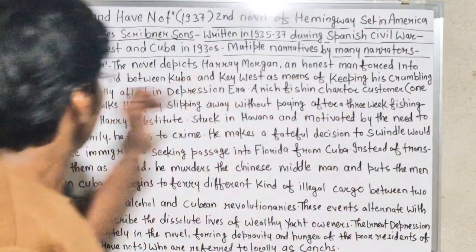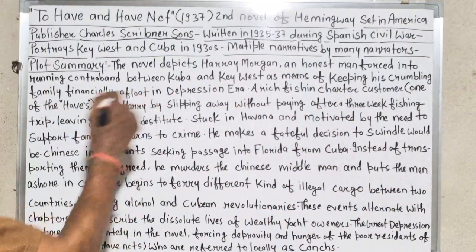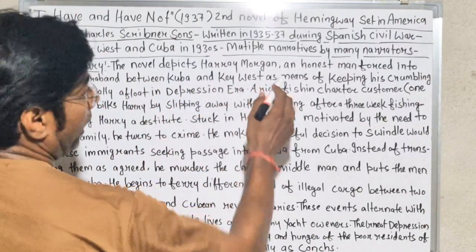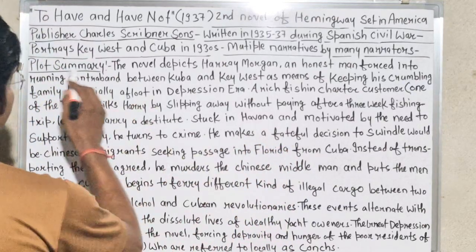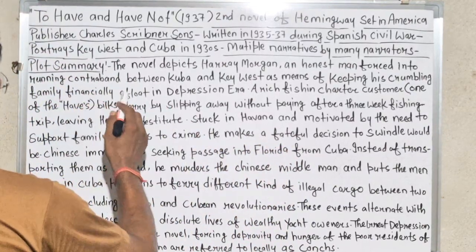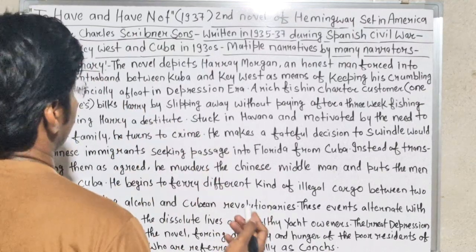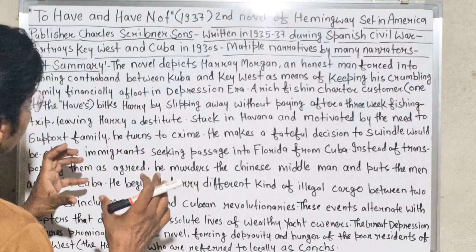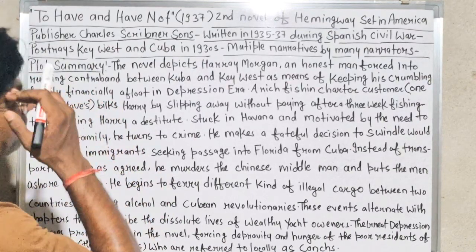So that is the depression era. So Harry Morgan, an honest man, is forced to do wrong things. He is forced to commit crimes, only to keep the financial condition of the family good.